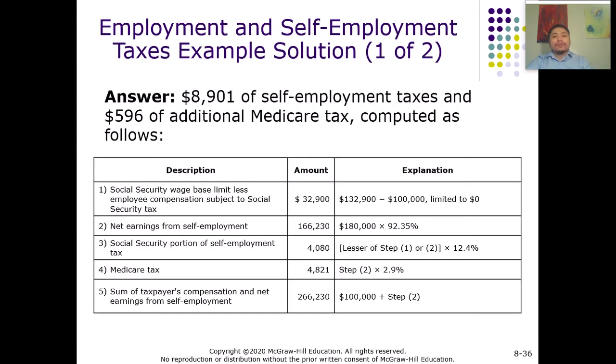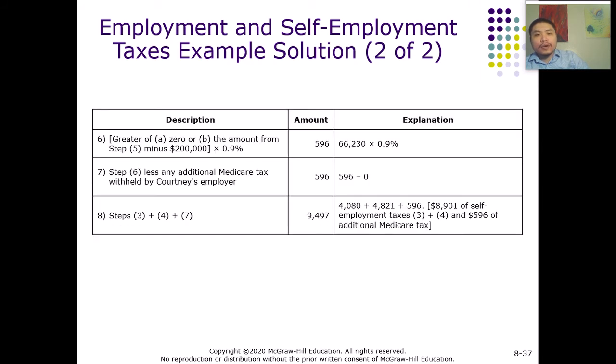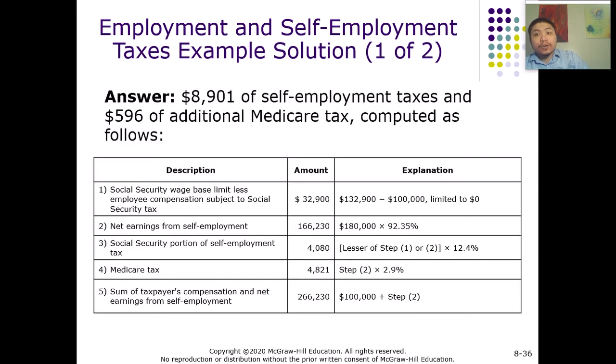So we take $100,000 plus $166,230. That gives us $266,230. Now Courtney is the head of household, I believe, and that means her threshold is going to be $200,000.